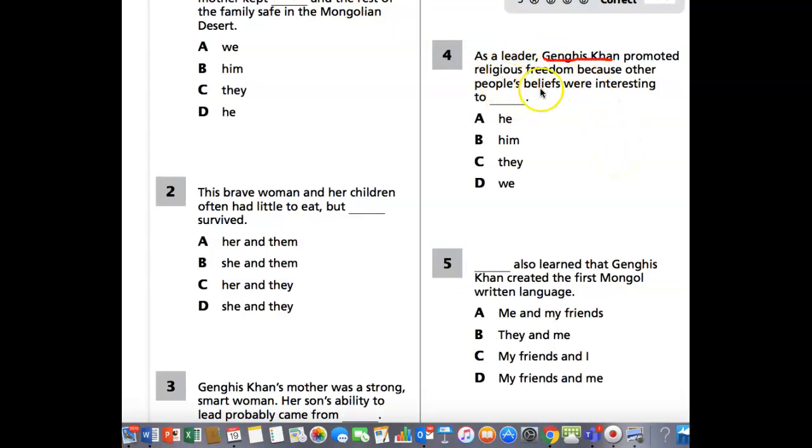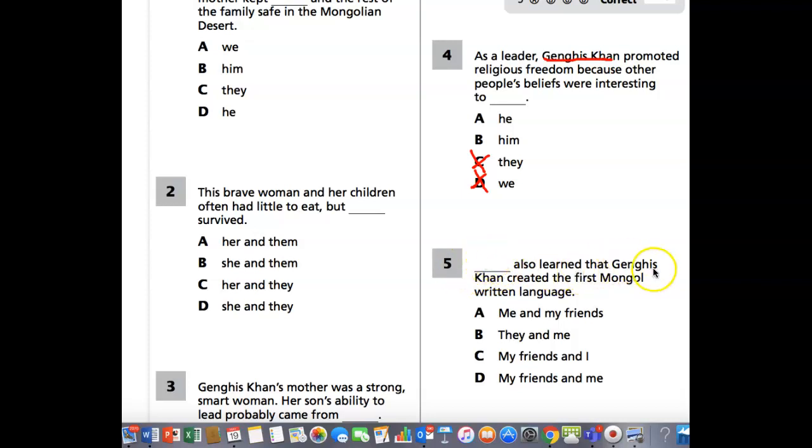I know this is plural, but we're talking about Genghis Khan. Promoted religious freedom because other people's beliefs were interesting to he or him, because we can eliminate the plural. Okay? All right.